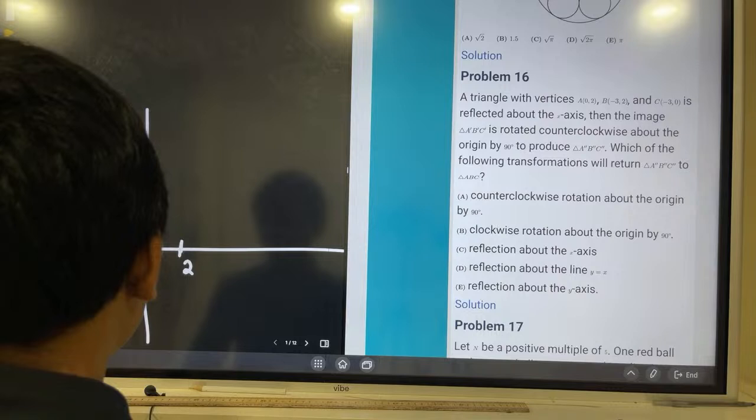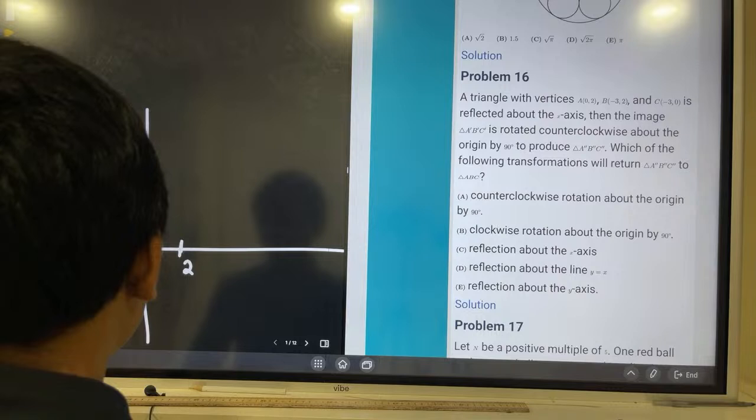What is 9 over 4 minus 9 over 5? It's 45 minus 36 over 20. 9 over 20. So 9 over 20, 18 over 5, and then 18 over 4 becomes 18 over 20.